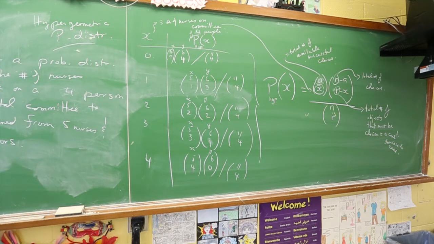So if we go to binomial, we look at the book, which is 7.2, I believe. Let's see what it says about expected value for a binomial distribution.